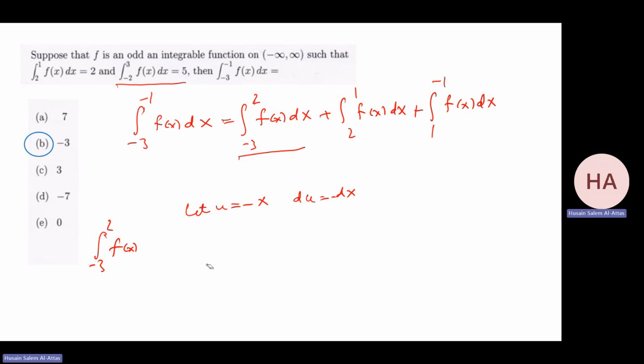I can rewrite it, putting a minus sign here and a minus sign outside.